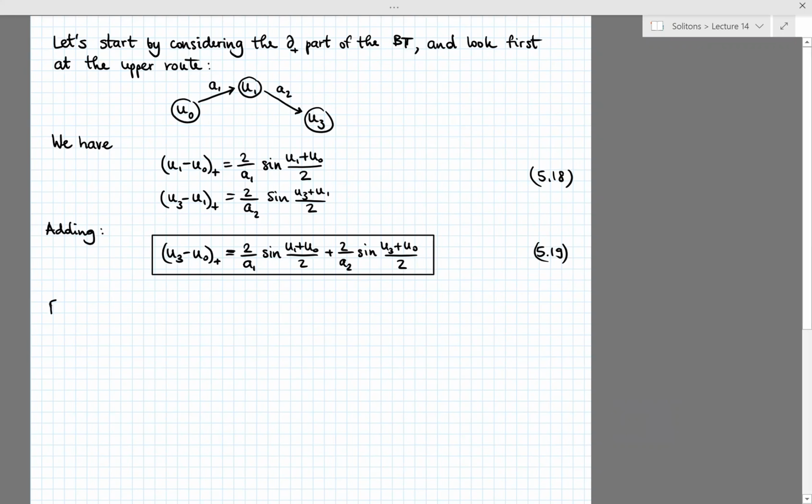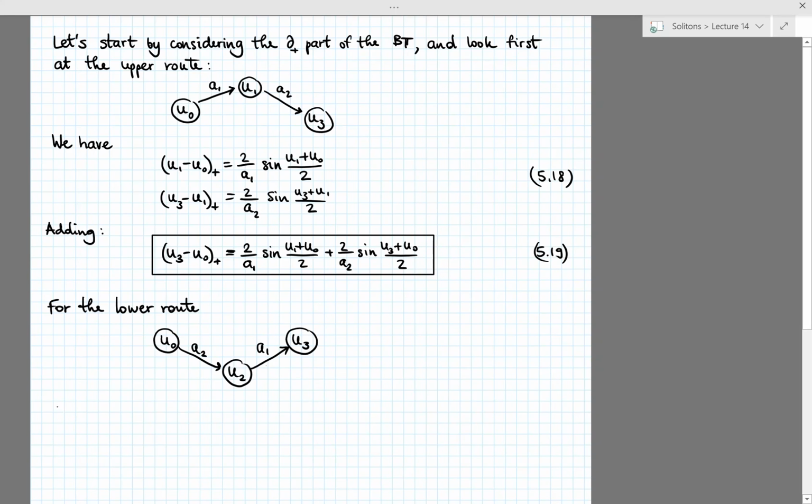On the other hand, for the lower root, where we start from u0, apply Backlund transform with parameter a2 and get to solution u2, then apply Backlund transform with parameter a1 and get to the final solution u3, the same as above.